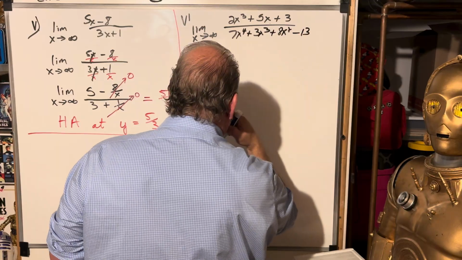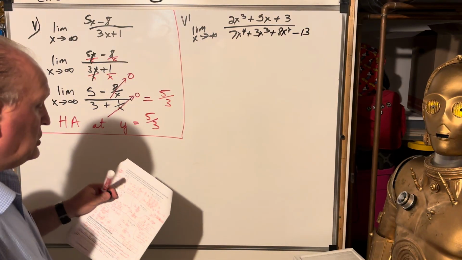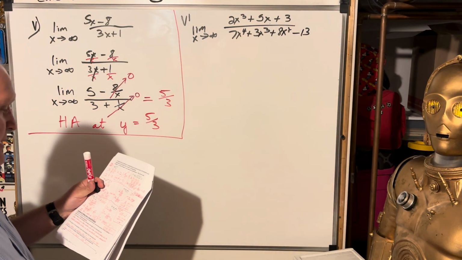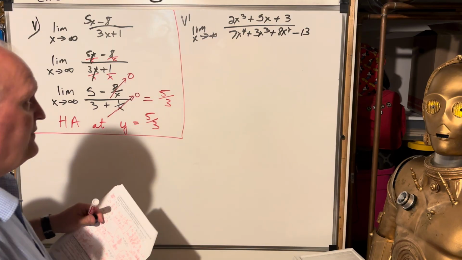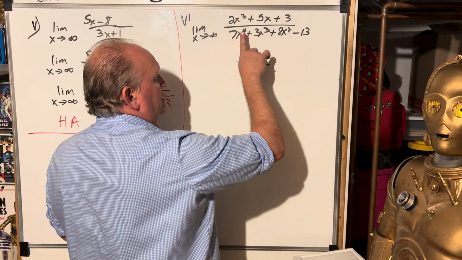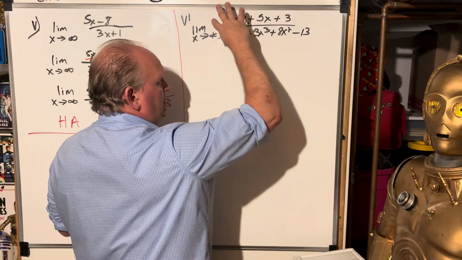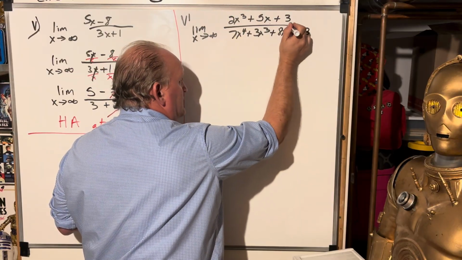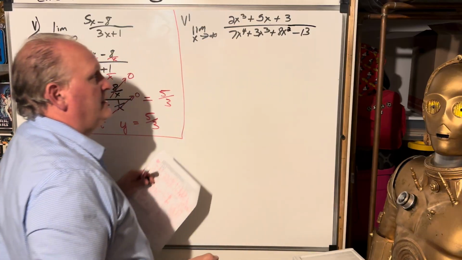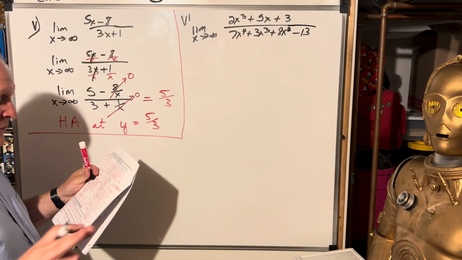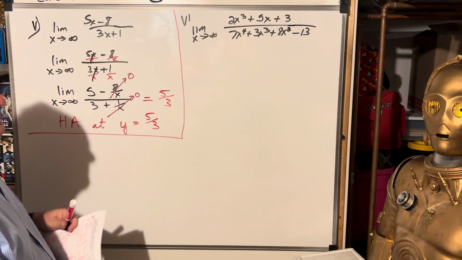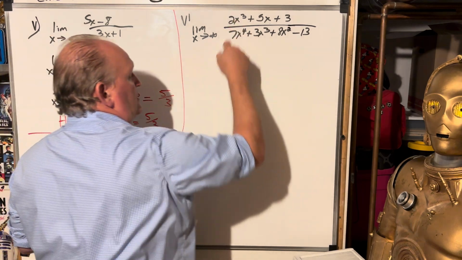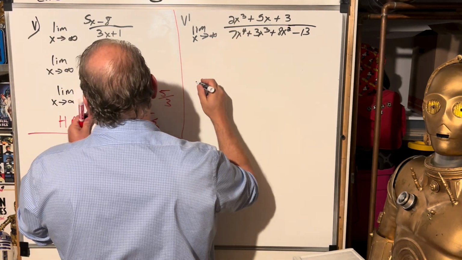And again, you're going to learn that when we've got a higher degree in the denominator than we do in the numerator, the overall end game is going to be 0. It's going to go to 0. And you'll see why. And I don't want you to just put 0 though. Don't just say, oh, I know that's 0, because that's a 4 and that's a 3. I want to see the work here.